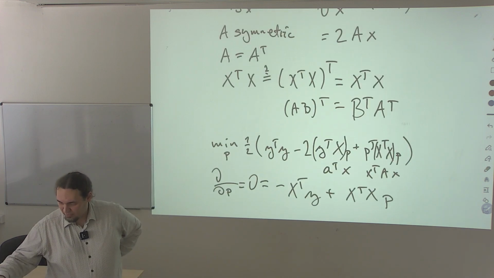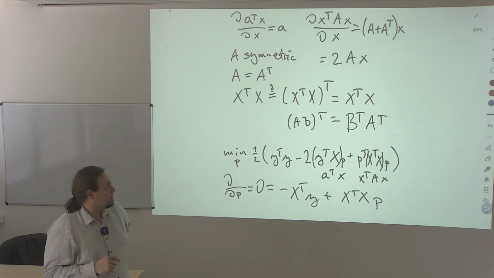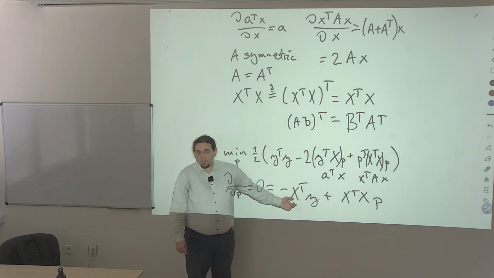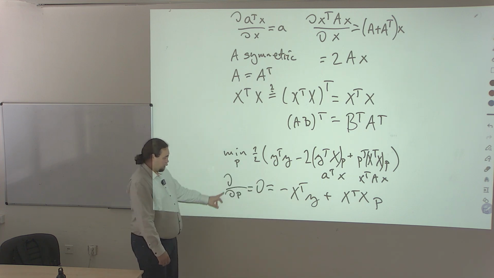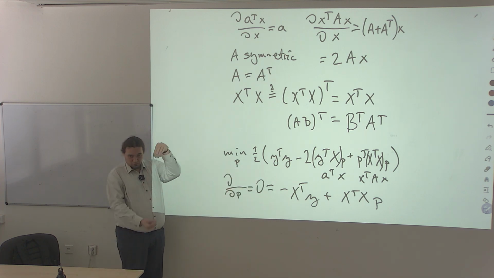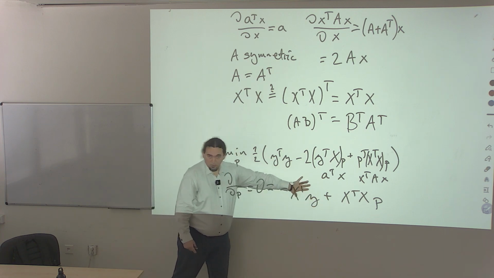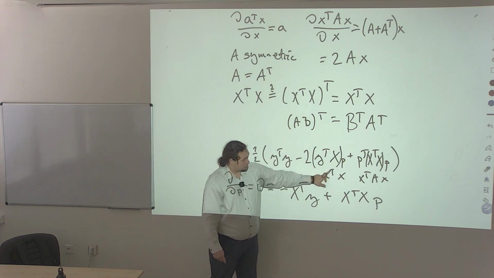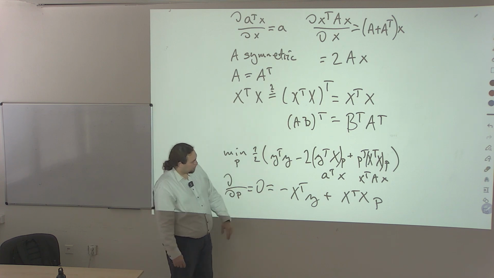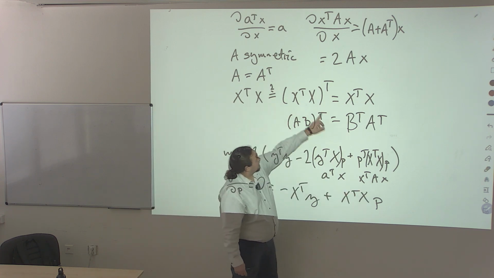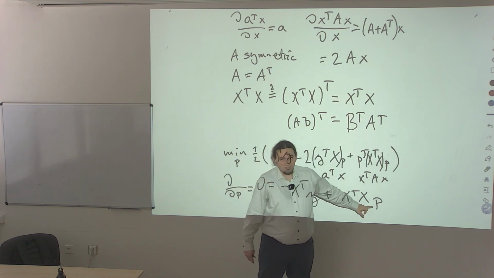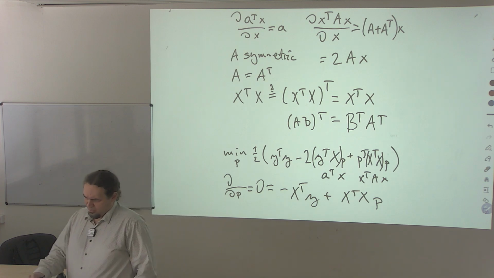What did our differentiation formulas actually tell us? This result here cannot be anything else than a vector. We did a differentiation with respect to the vector p, so we need to have a vector here because it will tell us the contribution of each of the elements of the vector p. That's the vector which generally we can call A. What do we have here? Again, our differentiation formula is telling us it's A times x, matrix times our variable in question.